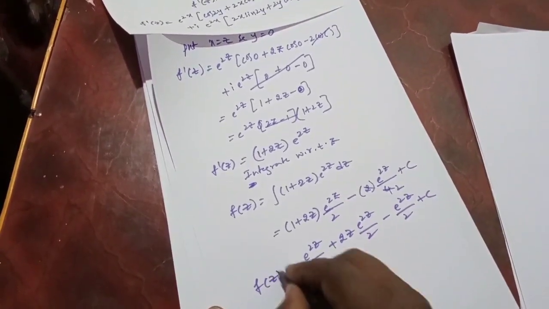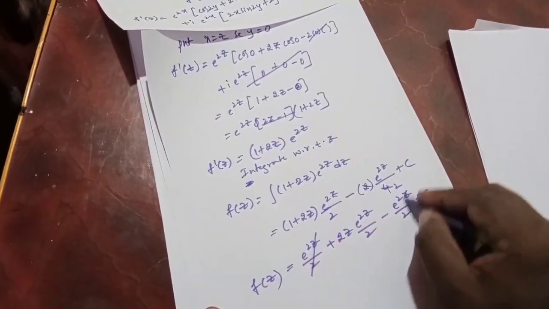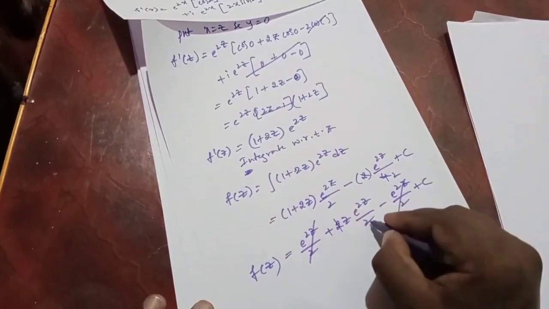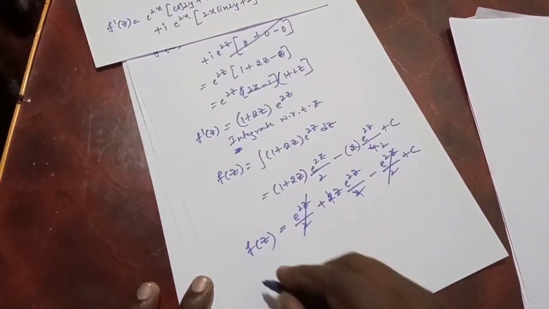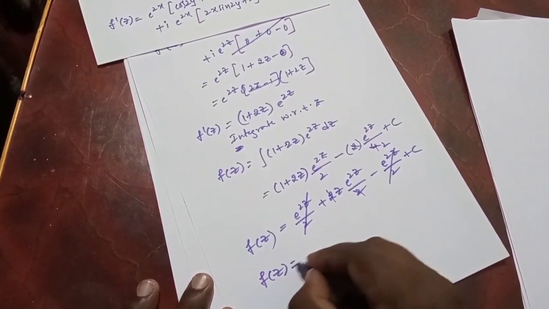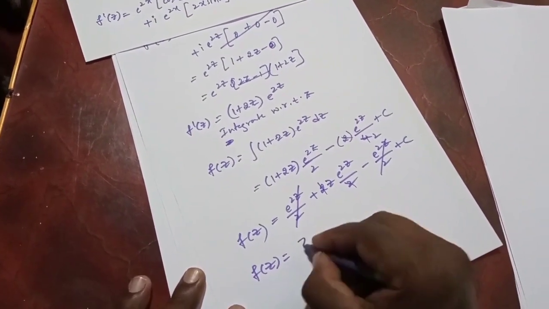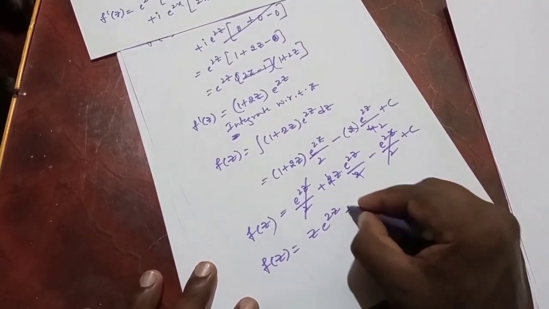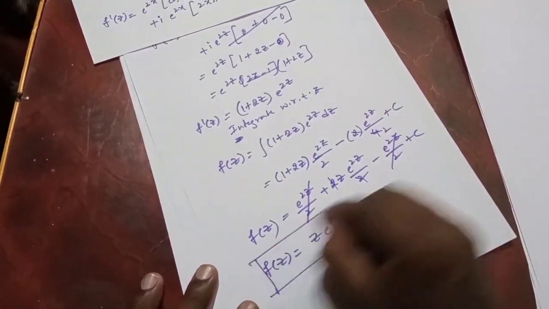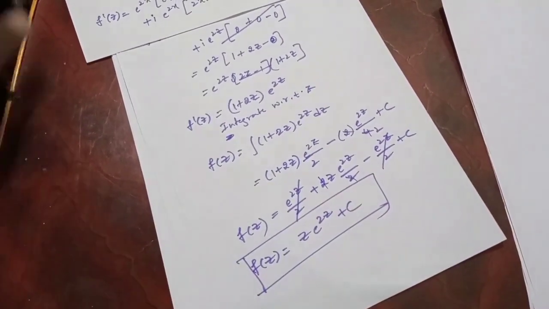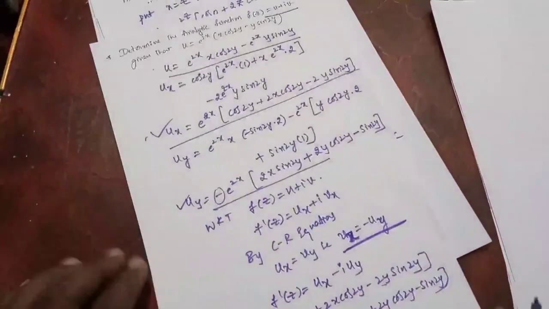This is our f of z. Here plus c, e power 2z by 2 minus e power 2z by 2, and the 2 also get cancelled. F of z equal to z e power 2z plus c. This is our required analytic function for the given problem.